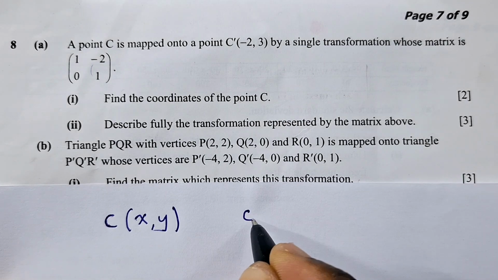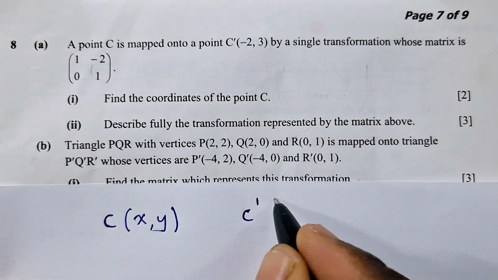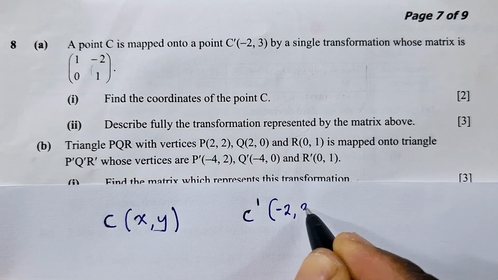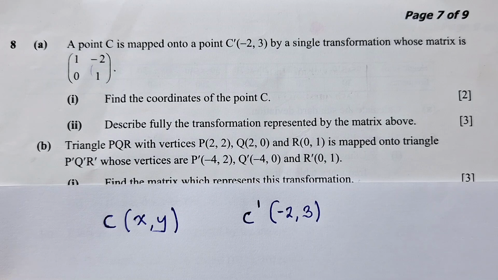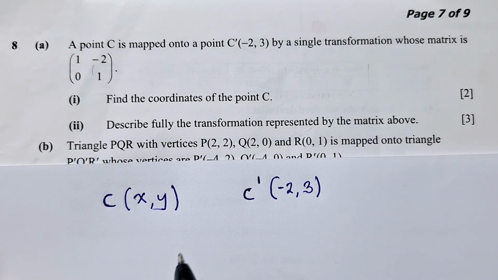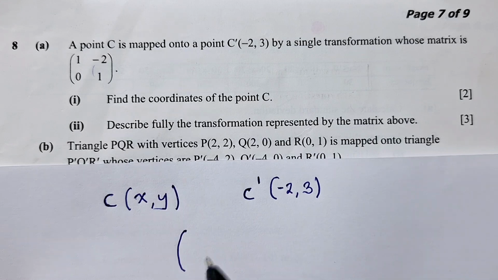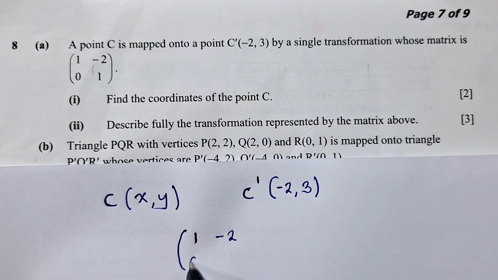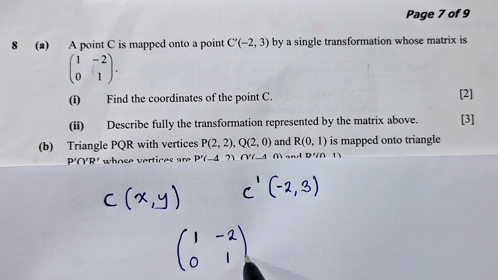We have the coordinates, which are negative 2, 3. The other thing that we need to get is the matrix, and that is 1, negative 2, 0, and 1.